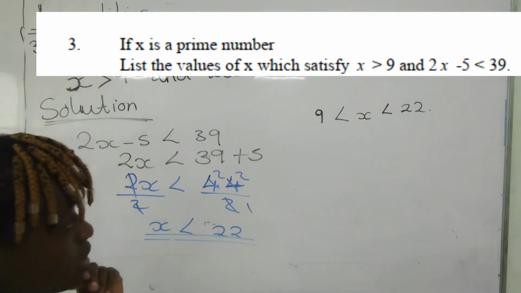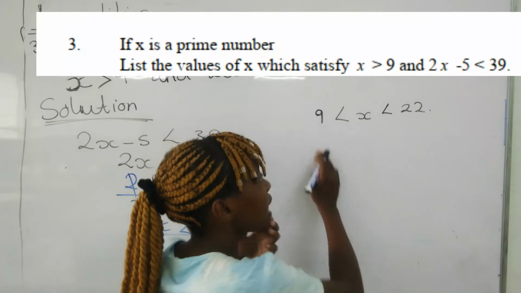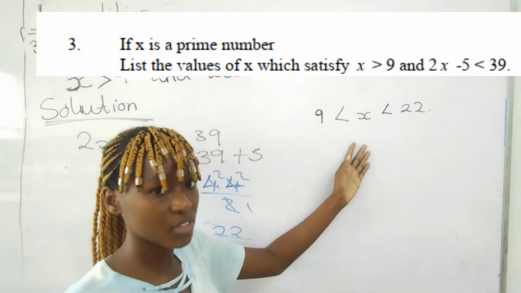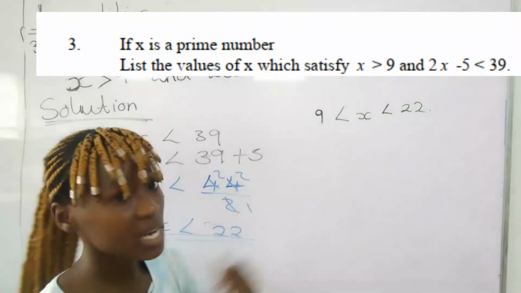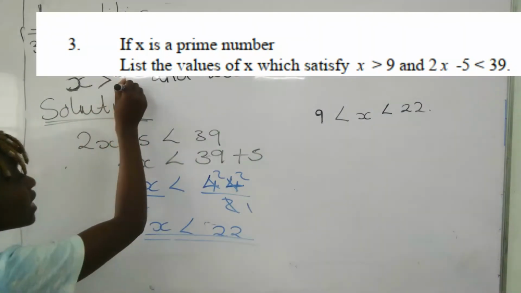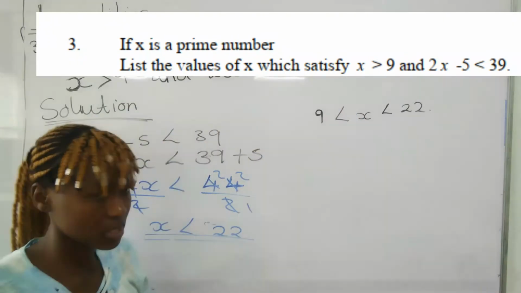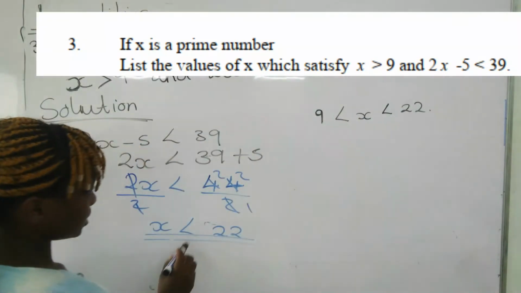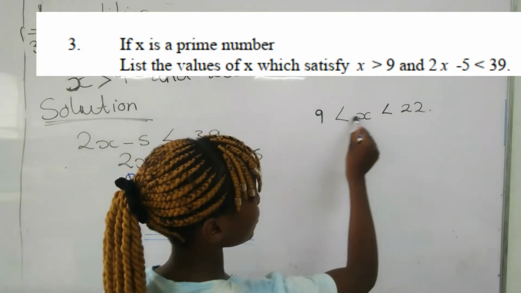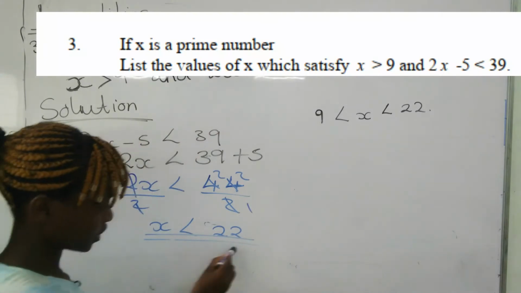I changed the sign, but I didn't change the meaning. x is greater than 9 and 9 is less than x are just the same thing. But x being greater than 9, x is also less than 22 for this part.